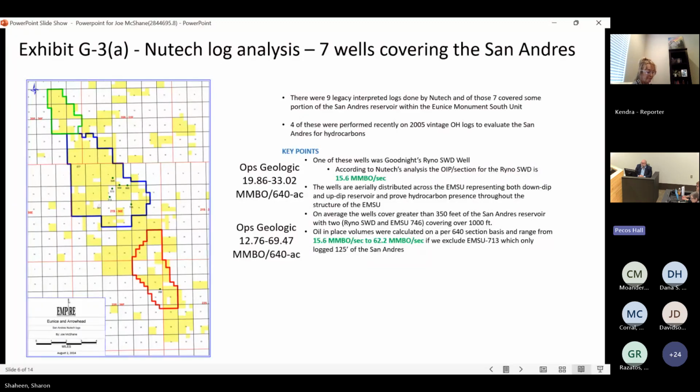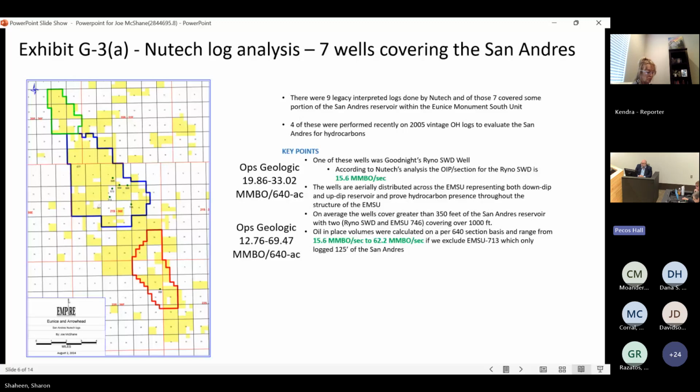And what are the key points here? So the key points that we want to point out: in one of these wells that New Tech did their analysis was Goodnight's Rhino SWD well. According to New Tech's analysis, the oil in place per section for the Rhino SWD well we calculated was 15.6 million barrels per section.